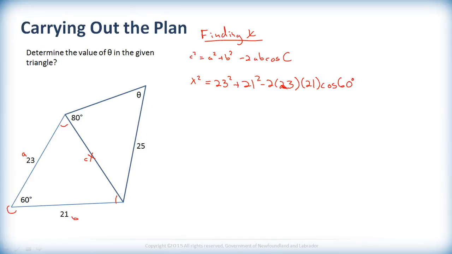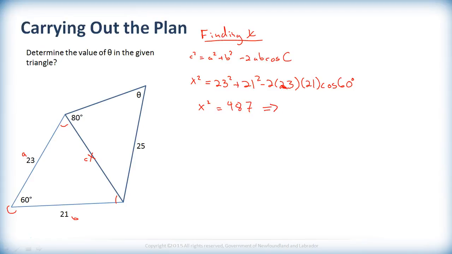Okay, so we figure out what x squared is first, and then we take the square root. So let's see what we have there. 23 squared plus 21 squared minus 2 times 23 times 21 cosine 60 gives us 487 for x squared.